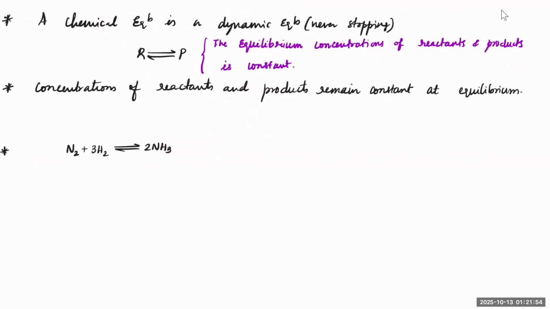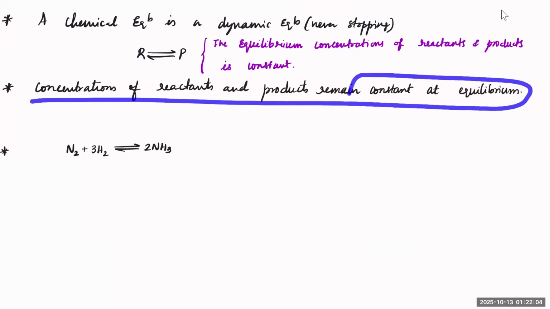That means that is not going to change. Reactants concentration and products concentration will remain the same. So notice that concentration of the reactants and product remains the same at equilibrium.